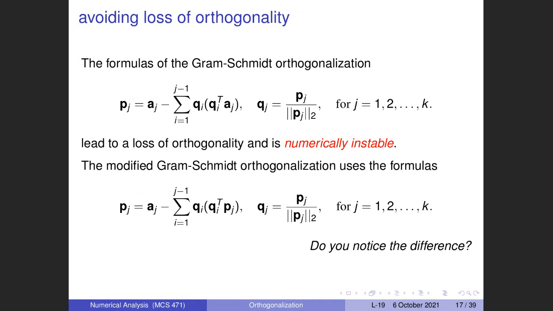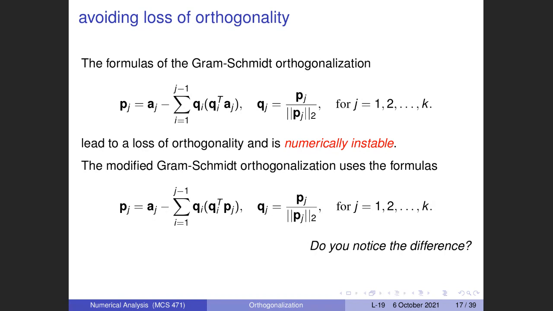But the modified Gram-Schmidt method uses, so the idea is a little bit similar to Gauss-Seidel. If you have already an orthonormal basis for the first j-1 columns of A, you may as well also use it in your projection.